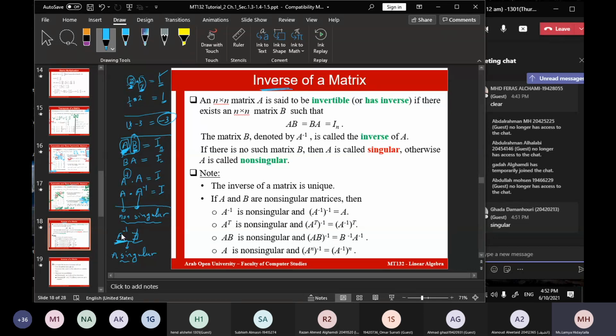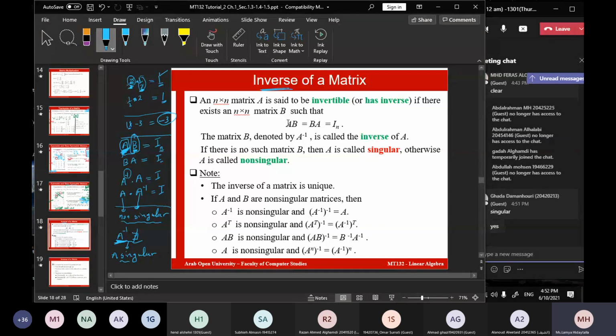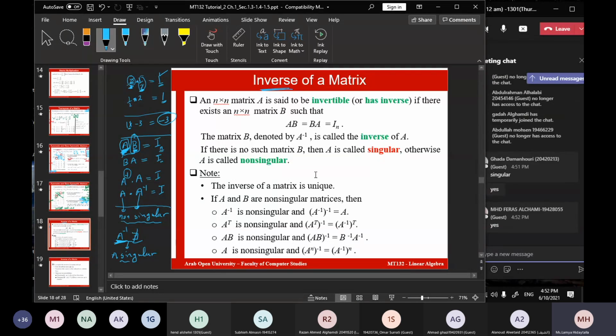Okay. So if we want to find the inverse of A, then that means we need to find the matrix that, when I multiply it times my matrix, will give me the identity. And if the inverse exists, then the matrix is non-singular. If it does not exist, that means no such matrix, then we say that it is singular.